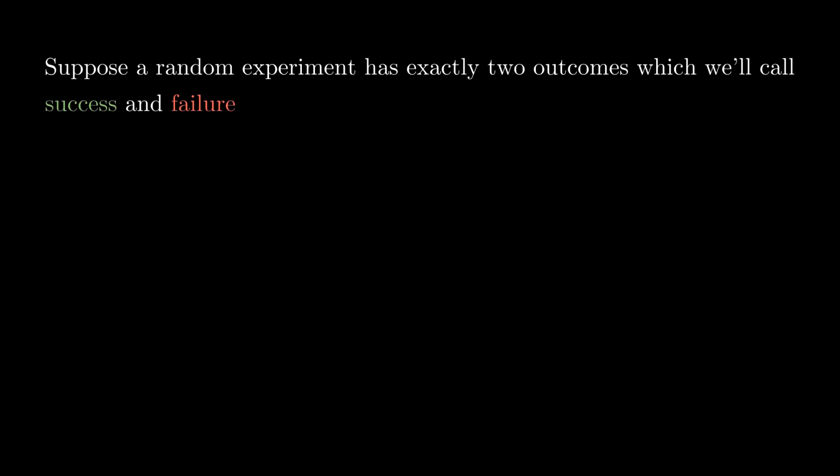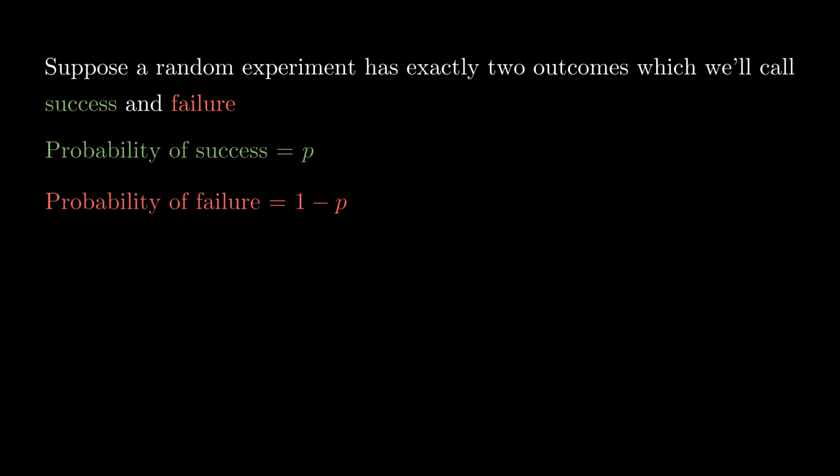So in our case, the experiment was rolling a die, success was rolling a 4, failure was missing the 4. Suppose also that the probability of succeeding is this little p here. So for us, little p was the probability of successfully hitting the 4, which would be 1 out of 6. Then the probability of failing must be 1 minus p. Okay, must be everything else, since those probabilities have to add up to 1.